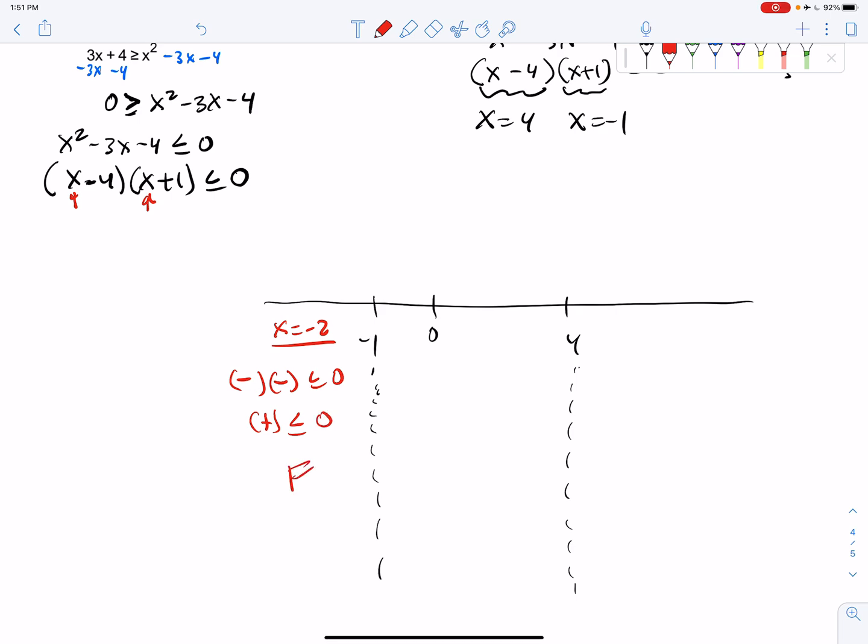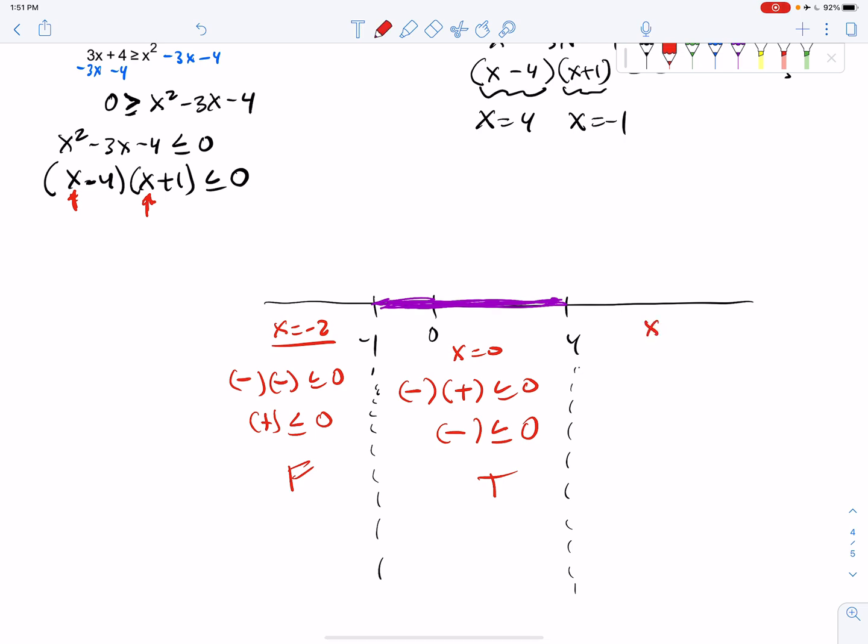That's false. So then I try x equals 0. I put in 0 here, I get a negative. Put in a 0 here, I get a positive. Negative times a positive is a negative less than or equal to 0? That is true. So then we go ahead and shade all values in this region will make the inequality true.